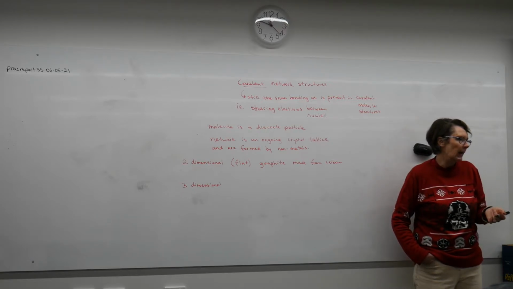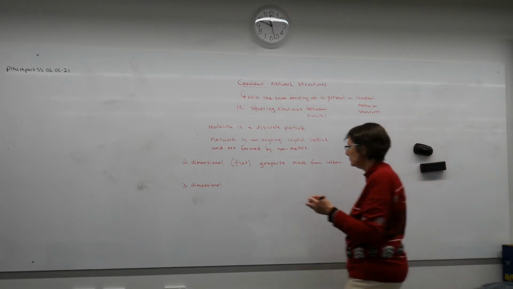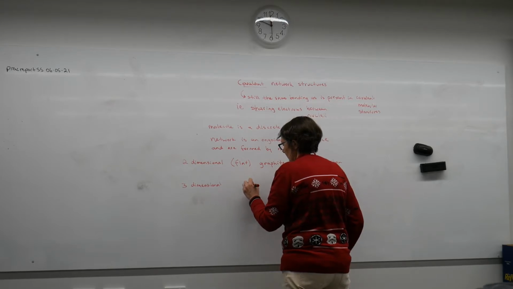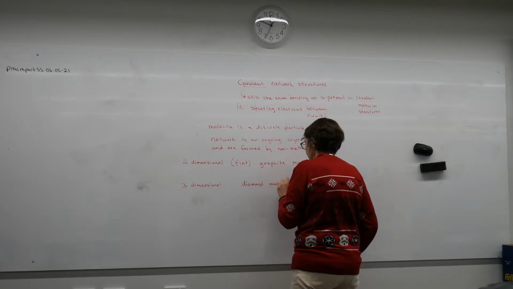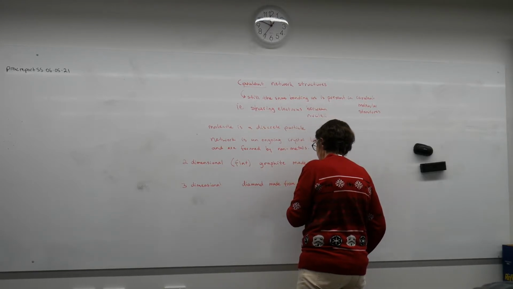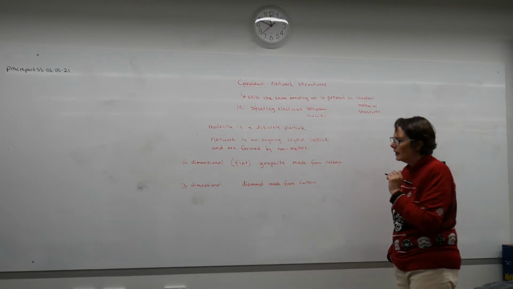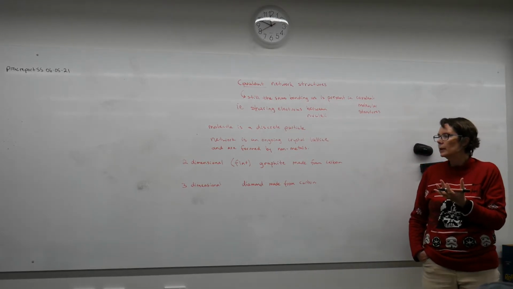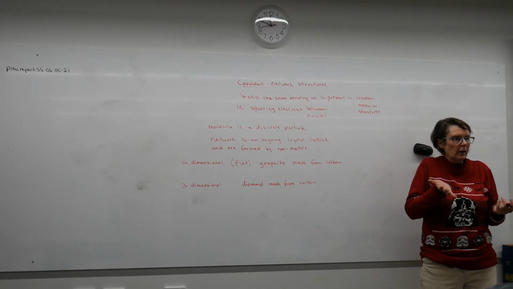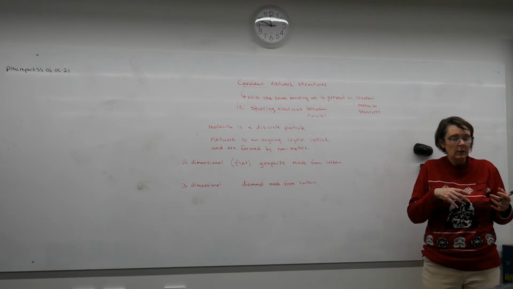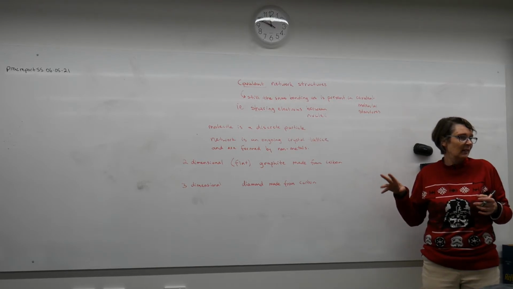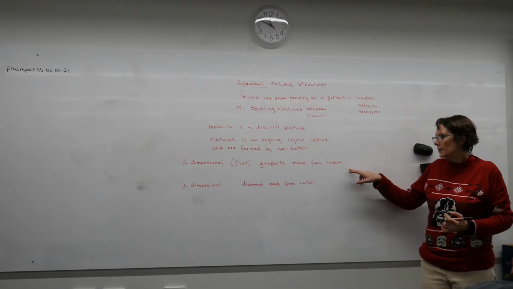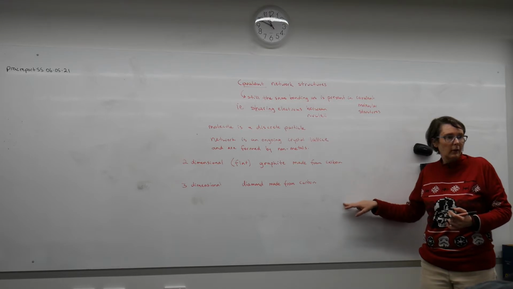And what do we call that? Diamond. That's right. And so we can see that carbon is quite versatile in the way it can bond because it's got these 4 valence electrons that allow it to bond with itself in these sorts of ways.